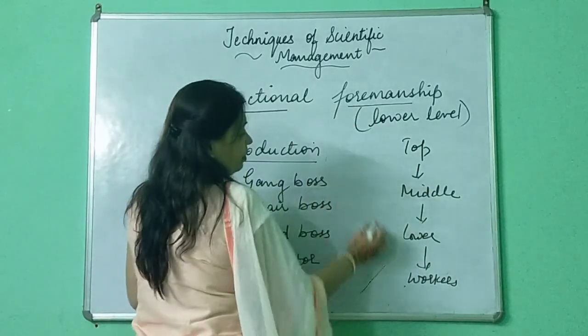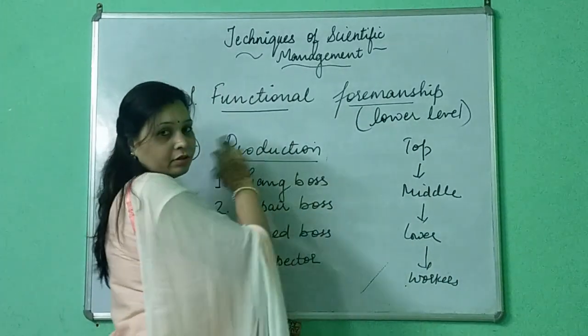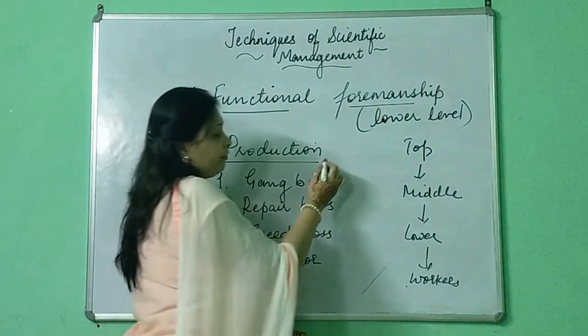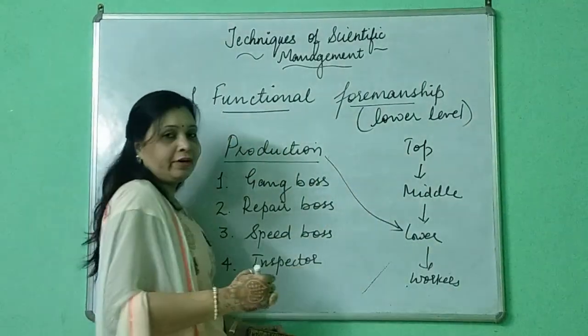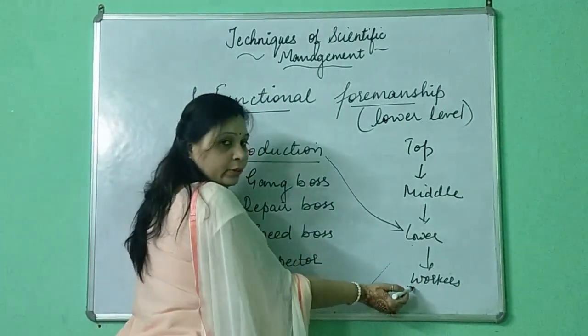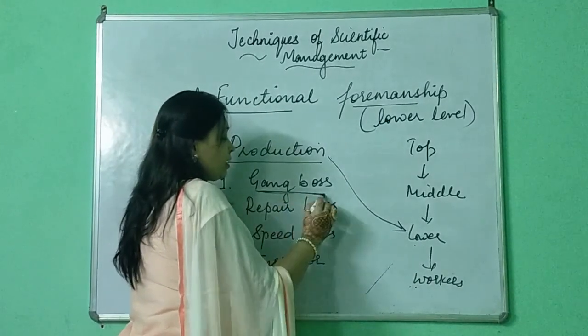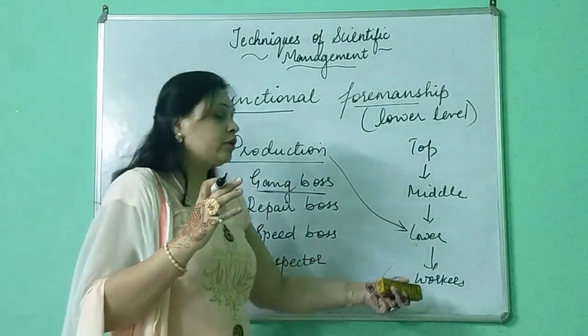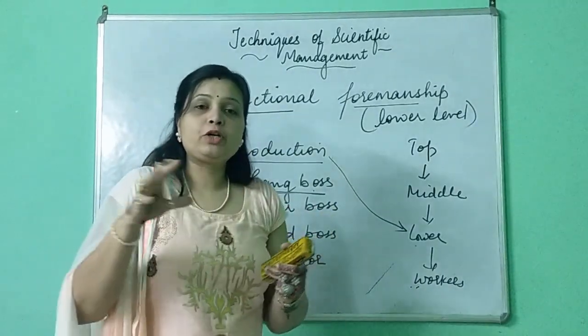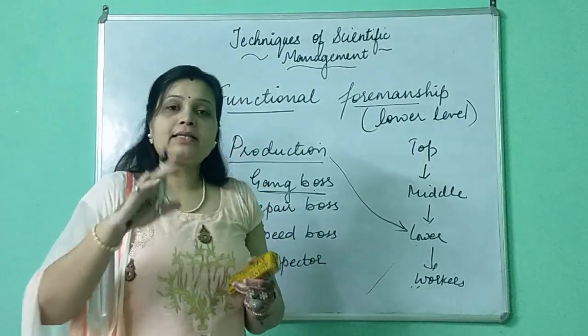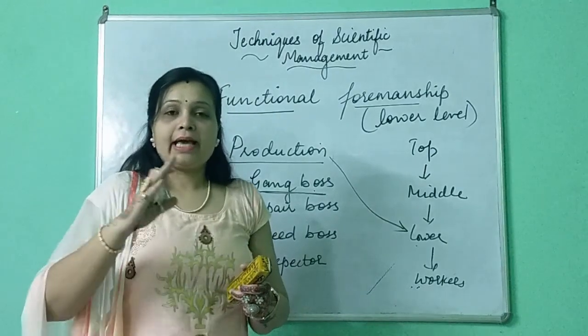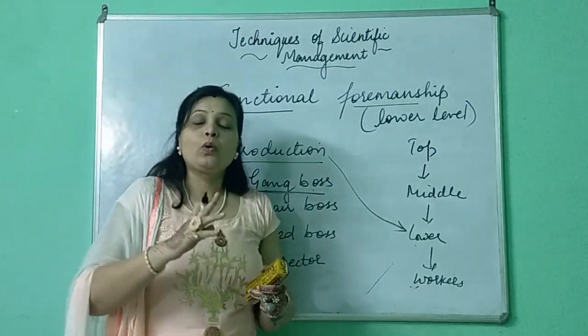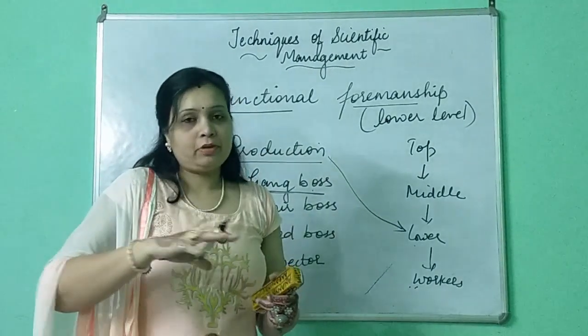So this functional foremanship, all the production department and the planning department we are talking about, is the lower level, and they are boss over the workers. So the gang boss is the boss of the workers. What happens is the workers are divided into many groups, and each group has a gang leader. Gang leader means the person who is the leader of the whole group.